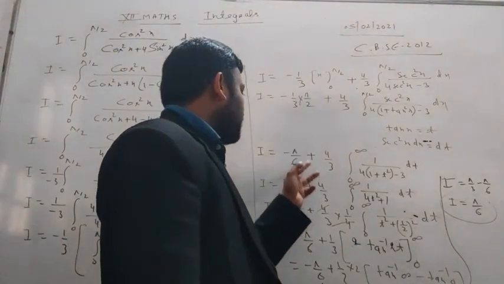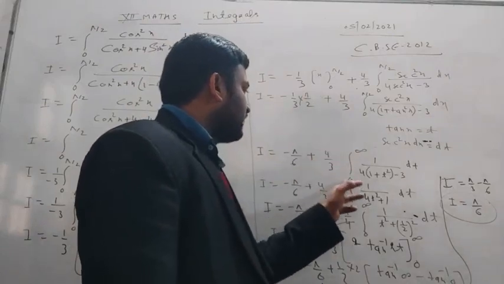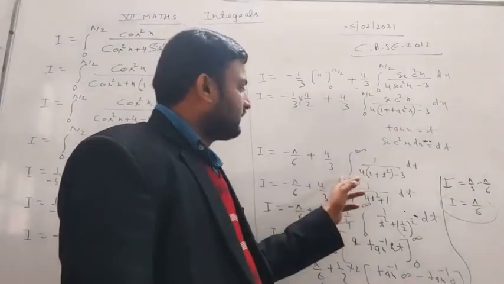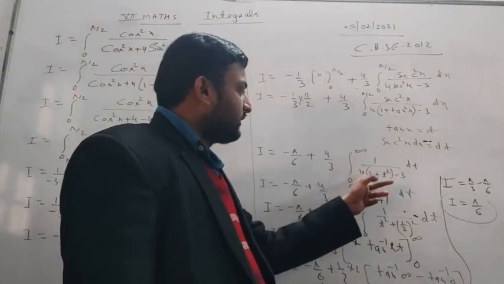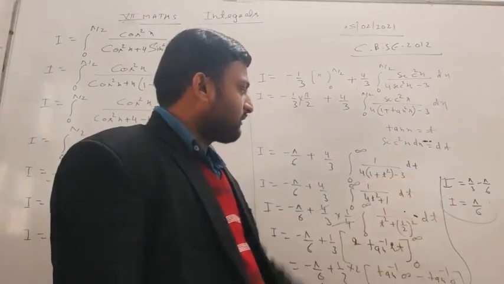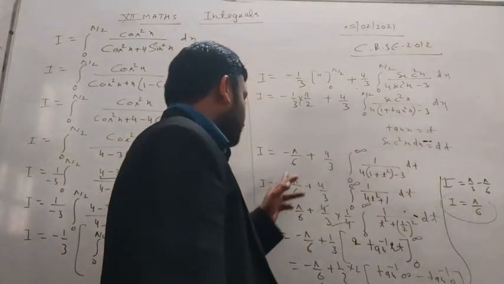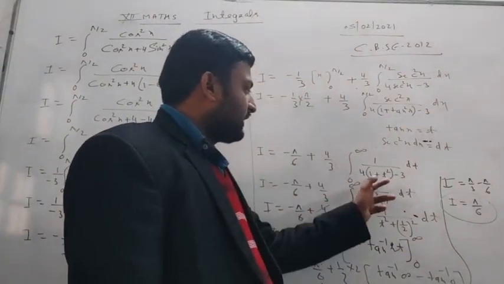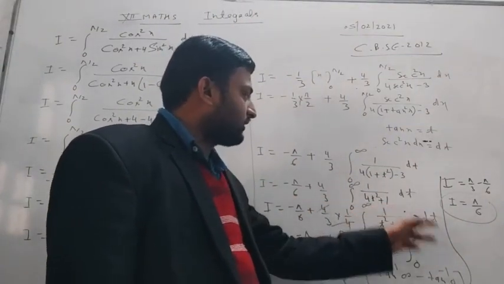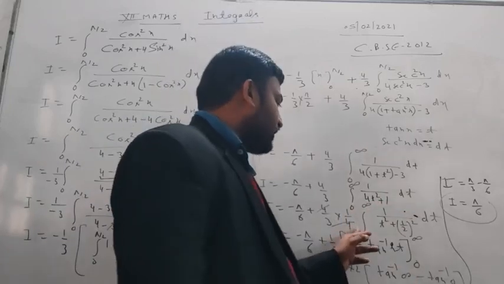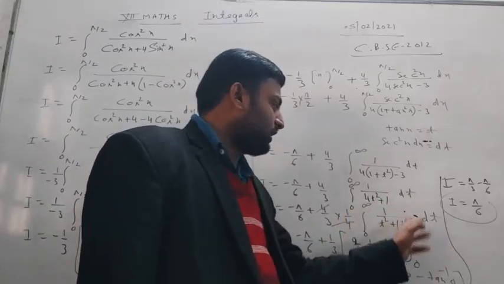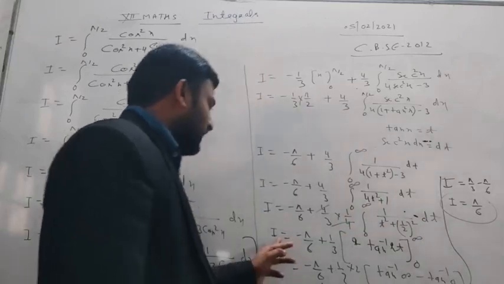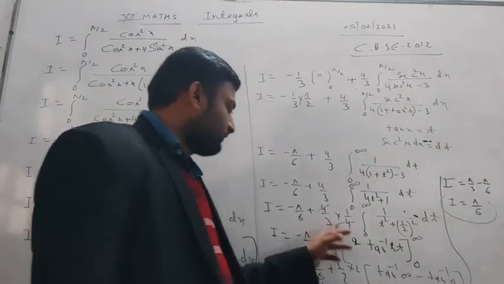Now I is minus 5 by 6 students plus 4 by 3, and we change the limits, we get 0 to not defined, and 1 by 4 1 plus t square minus 3 dt, and I is minus 5 by 6 plus 4 by 3, so 0 to infinite, and this is 1 by 4 t square plus 1 dt. Take 4 outside, we get t square plus 1 by 2 whole square, and this is minus 5 by 6 plus 1 by 3.